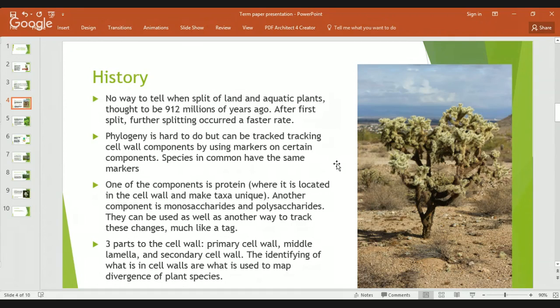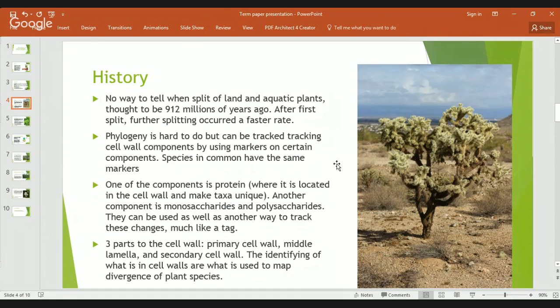The phylogeny, or grouping, of these organisms is somewhat difficult, but it can be done due to modern methods of tracking different components found in the cell wall, such as protein and monosaccharides and polysaccharides.